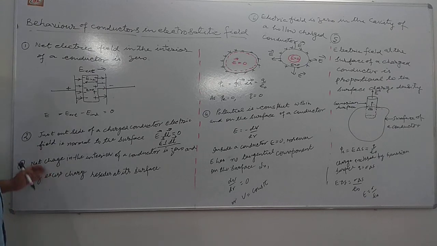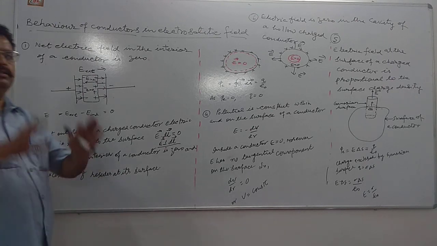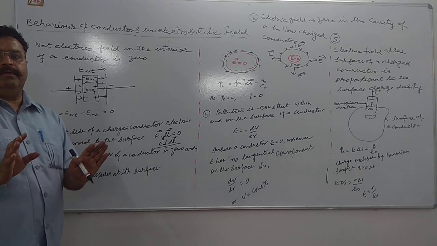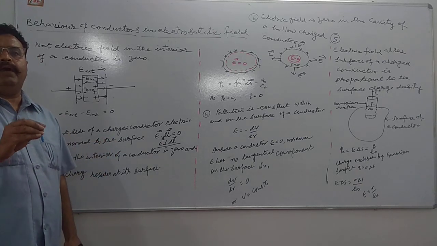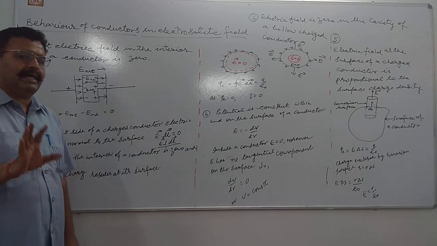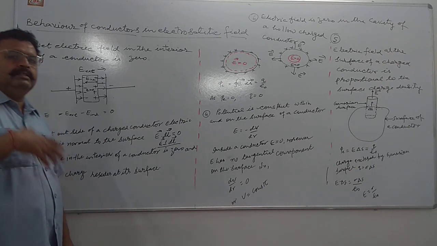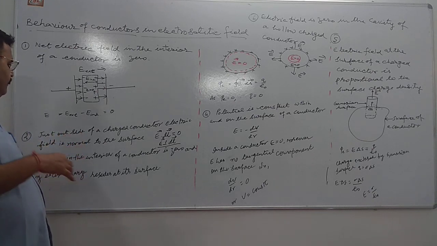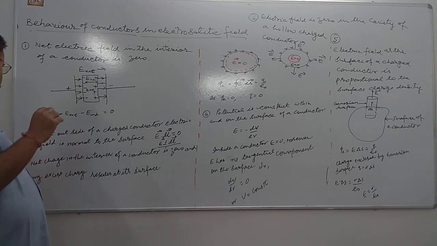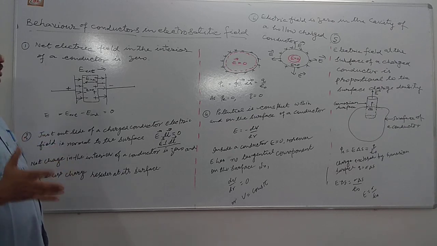Then the third one: the net charge in the interior of a conductor is 0, and any excess charge resides on its surface. Excess charge means the free charge available in a conductor, and it always resides on the surface. In the interior of a conductor, the net charge, or the free charge, or the excess charge, is always 0.